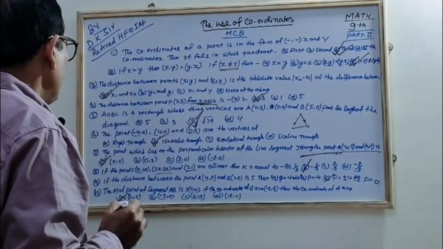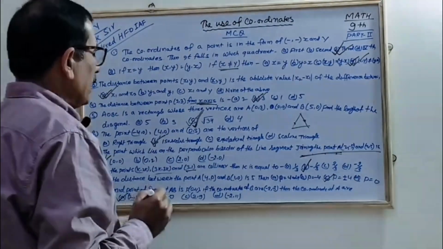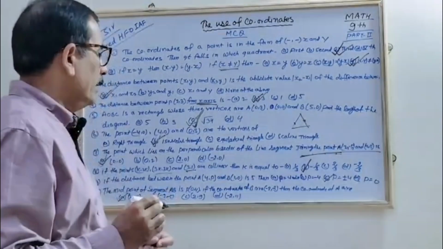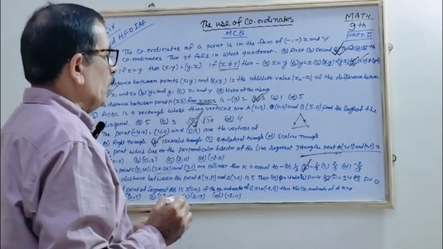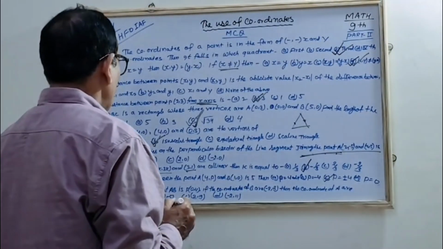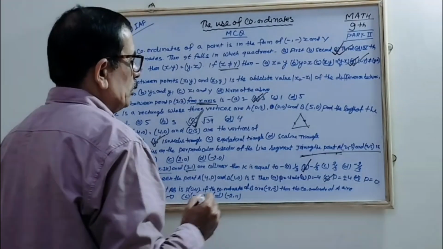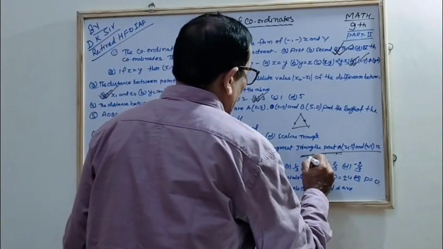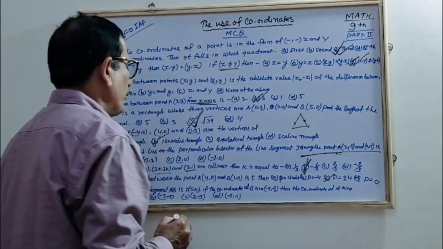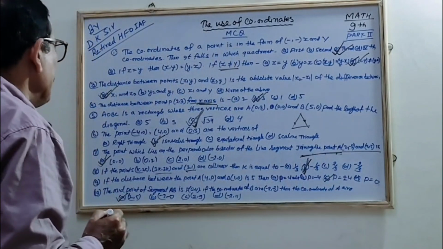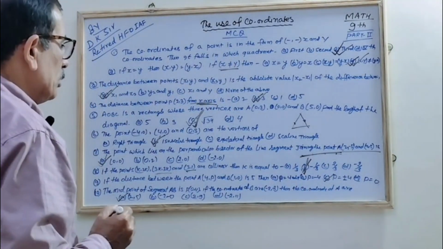So here there are 3 points, they are collinear. Then when you find the value of k, it will be equal to minus 1 by 3, correct?